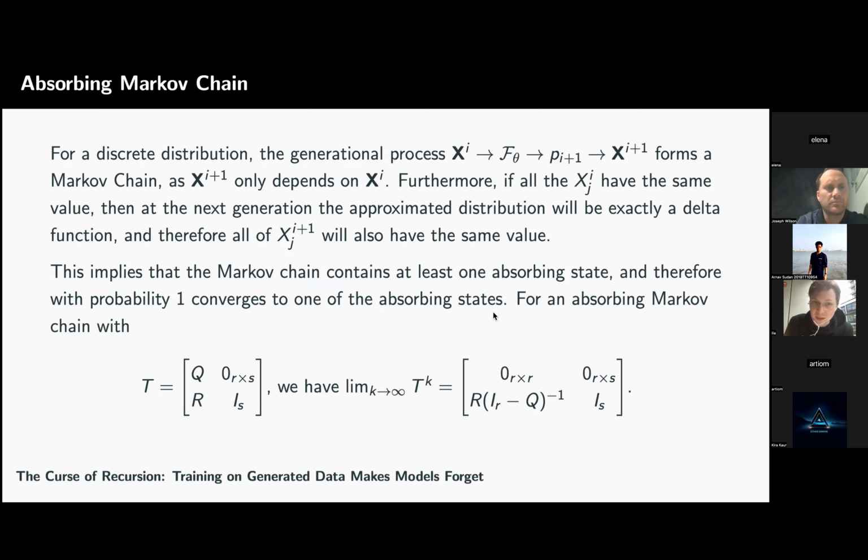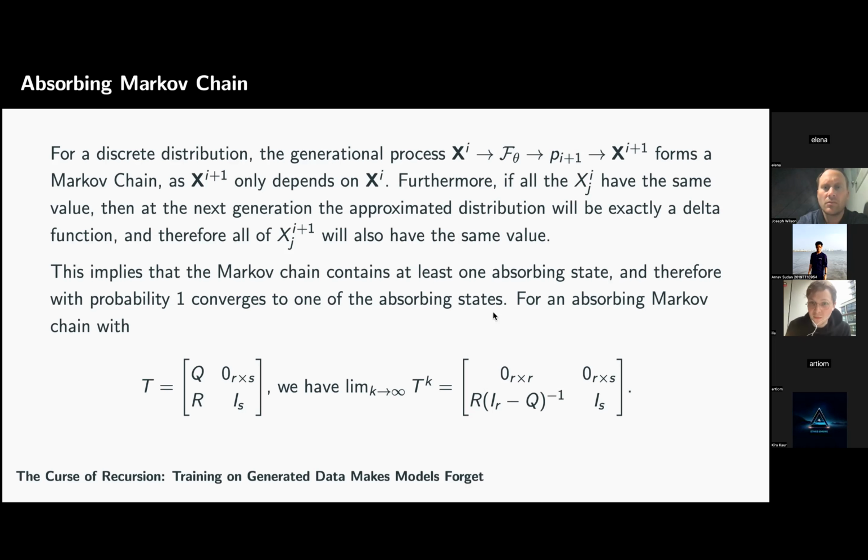It's important to note here that we can theoretically show, and this is just textbook mathematics, that over time, by representing this as a Markov chain, we converge with probability 1 to absorbing states, and these are delta functions in this particular case.